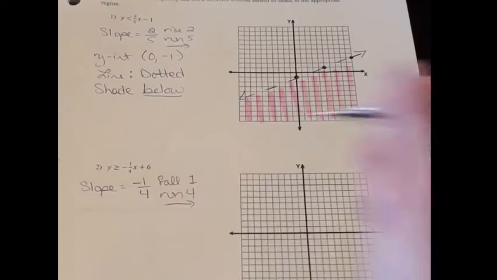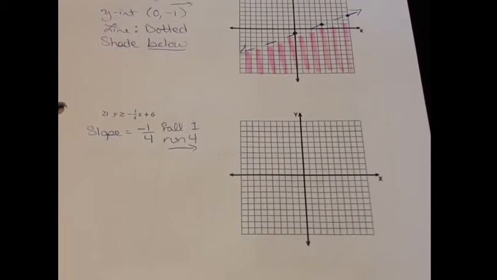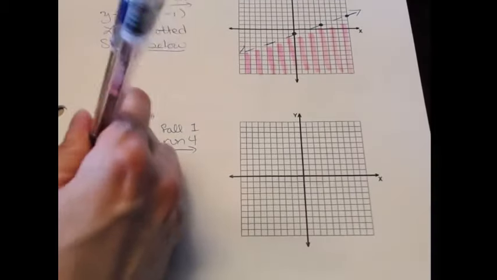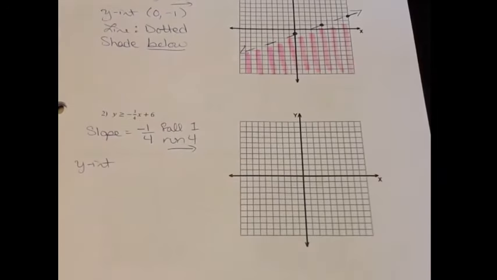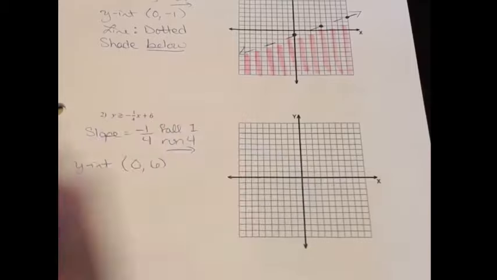But we always run to the right. Don't run backwards. Next, my y-intercept. Your y-intercept will always be expressed as an ordered pair. So hopefully you all said (0, 6).